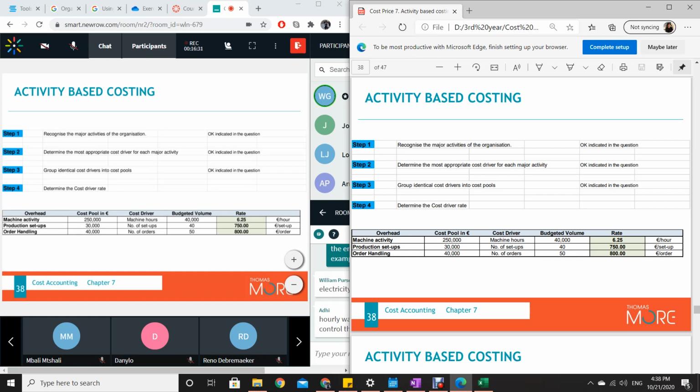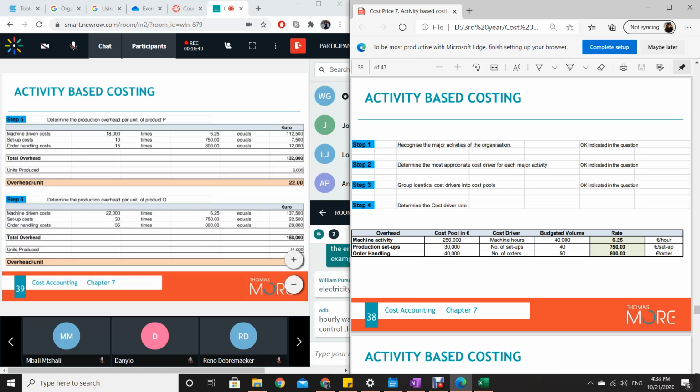Now we go one step further because we have calculated the cost driver rates, the ratios, and the keys. But now we're going to apply these keys.